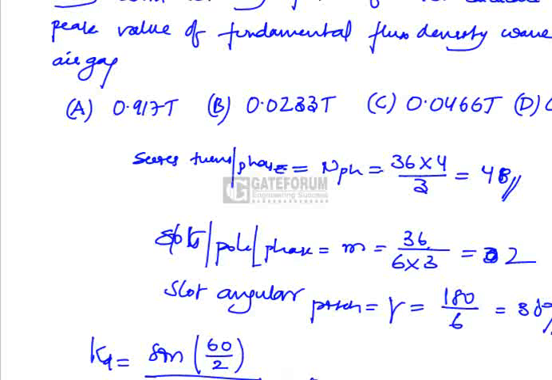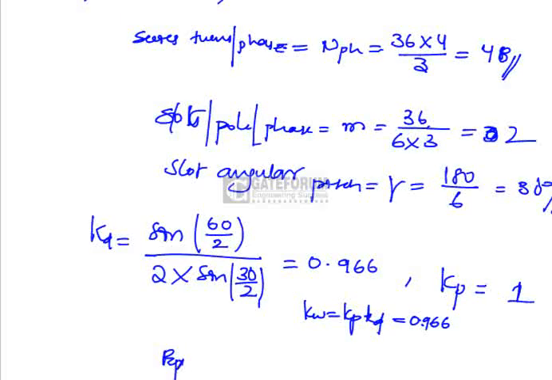We find this as 0.966 as the distribution factor, whereas the coil span factor or pitch factor Kp is equal to 1. So the winding factor Kw is equal to Kp into Kd, which is 0.966.